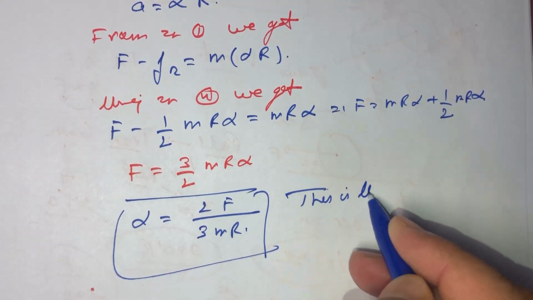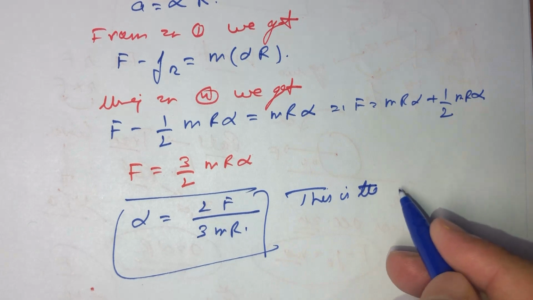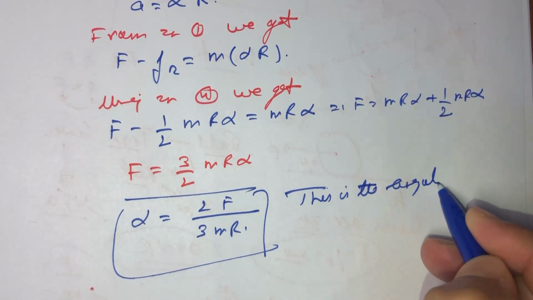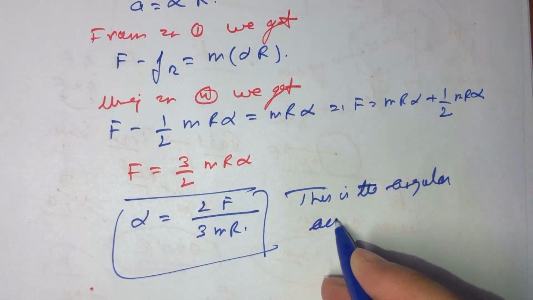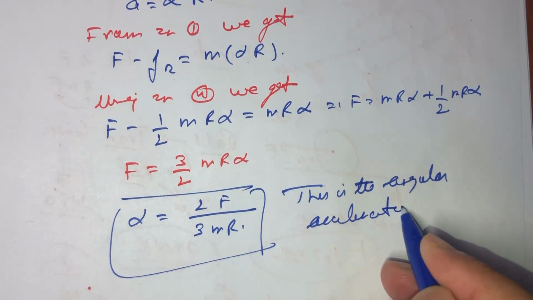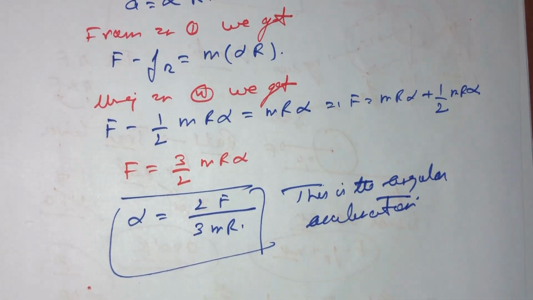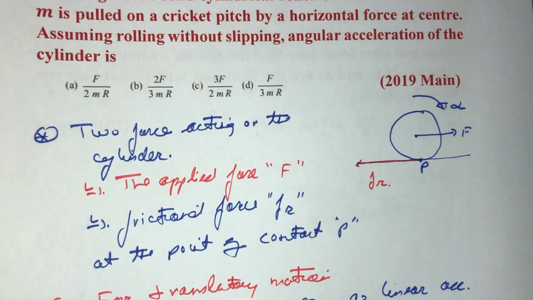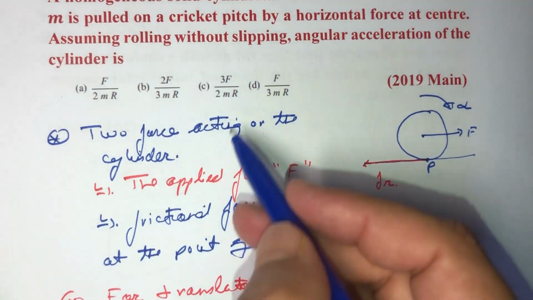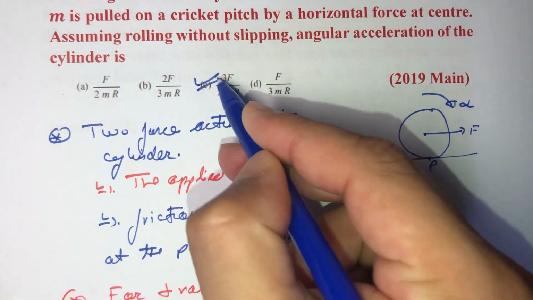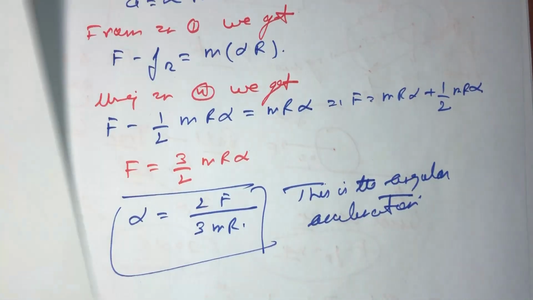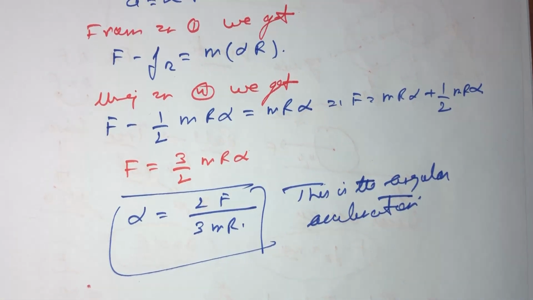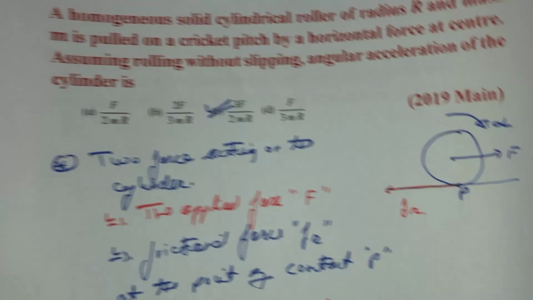This is the angular acceleration. So among the options available to us, you can see it is 2F over 3mr. Sorry, not C, it is 2F, my mistake.